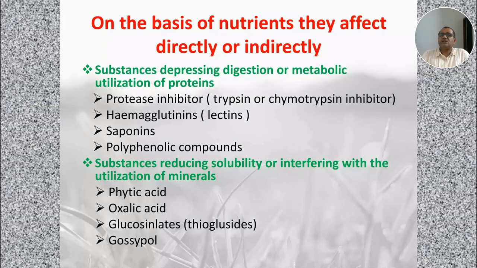So proteins are very important building blocks of the cell, and these are the protease inhibitors. Examples are trypsin or chymotrypsin inhibitors, because as we have learned in protein digestion, trypsin and chymotrypsin are very important in the digestion of nutrients, especially proteins.